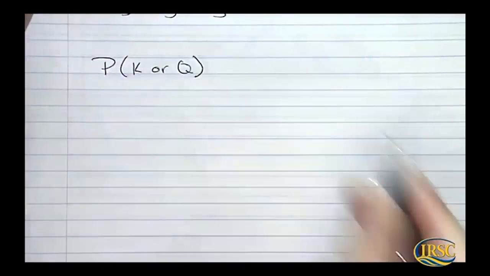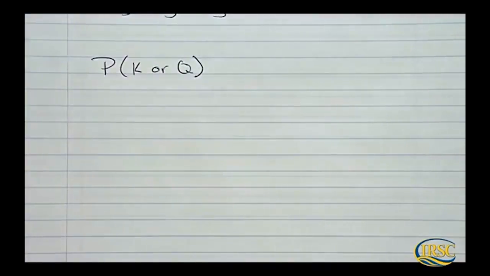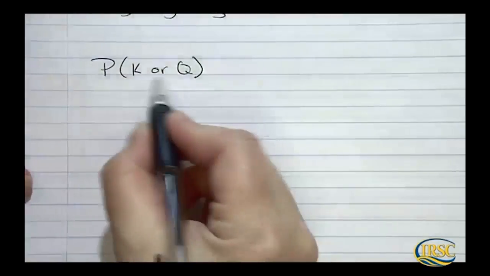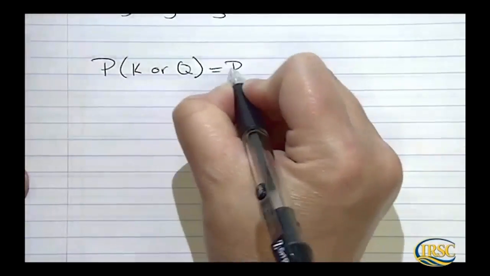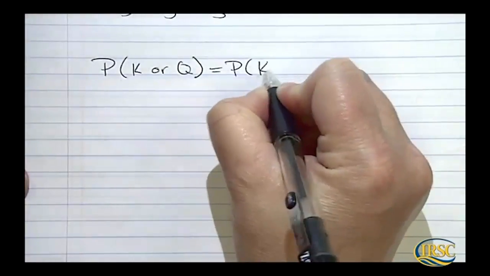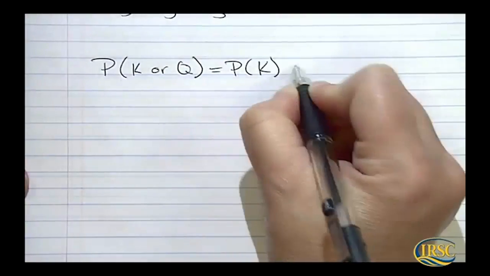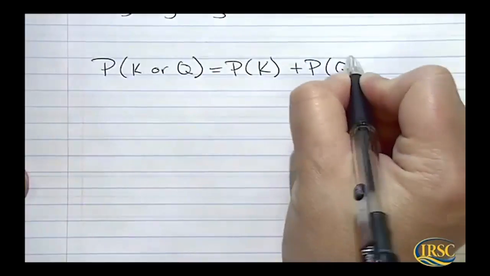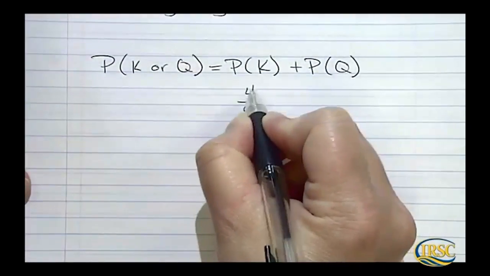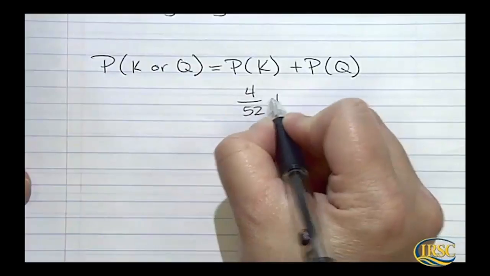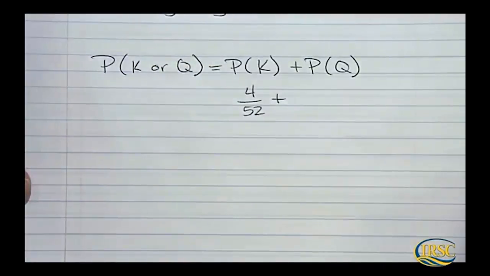So if we wanted to find the probability of a king or a queen when you draw one card, well, because it's impossible for you to get a king and a queen at the same time, this is the same as looking for the probability of a king and adding it to the probability of a queen. 4 out of 52, because there are 4 kings out of the deck of 52 cards. What's the probability of getting a queen?